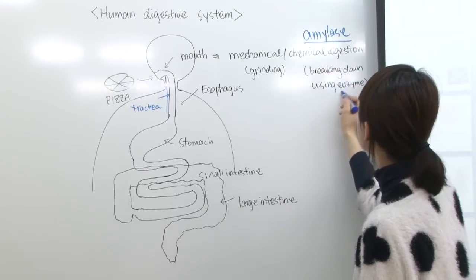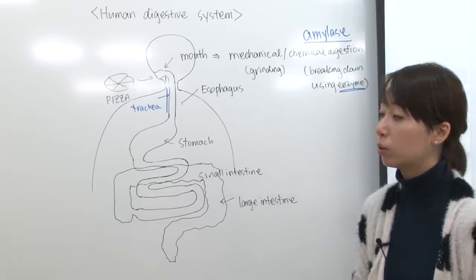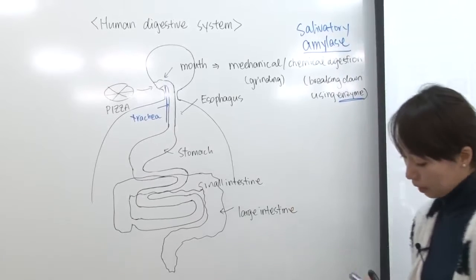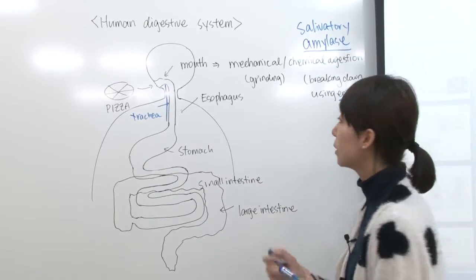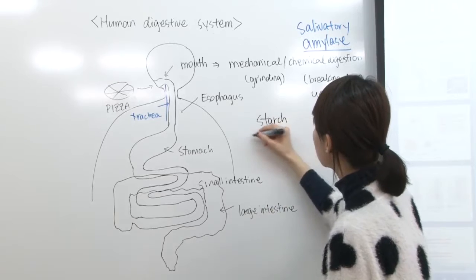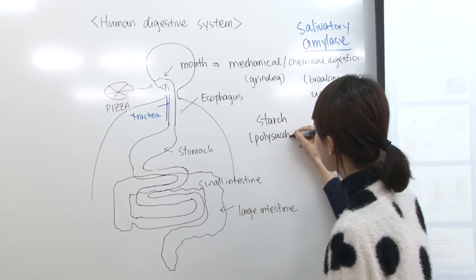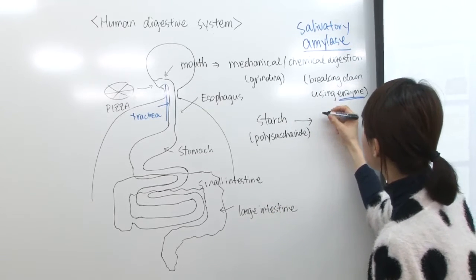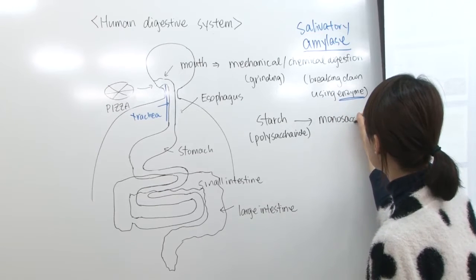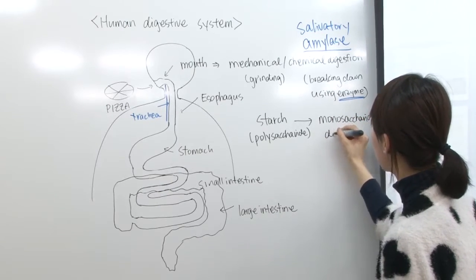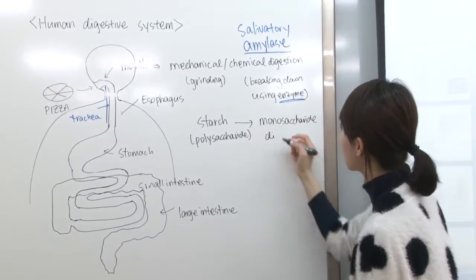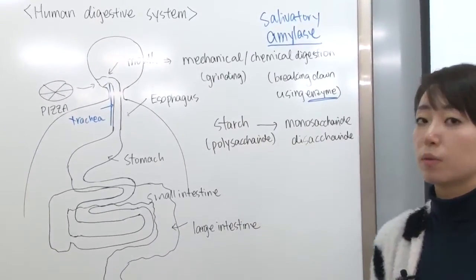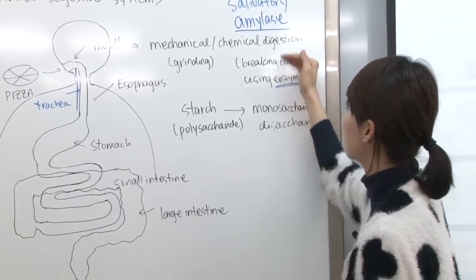Amylase is the enzyme secreted in the mouth, called salivary amylase, and it breaks down the polysaccharide, the starch, into smaller monomers, so into monosaccharides or disaccharides. So this gets broken down into smaller molecules by using this enzyme, amylase.